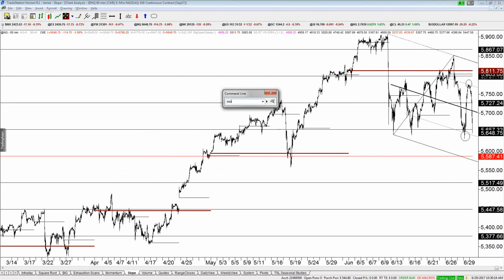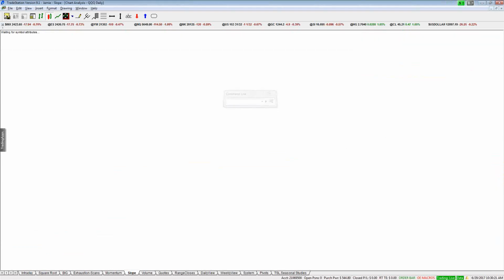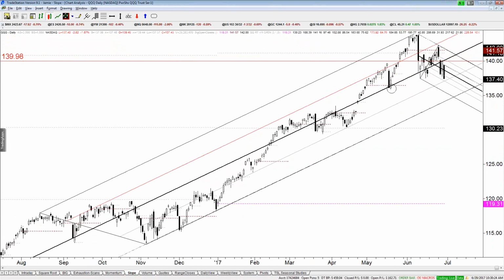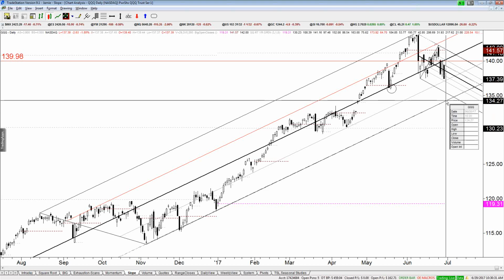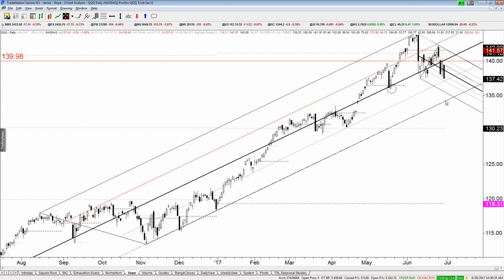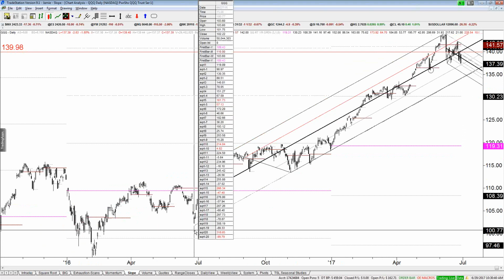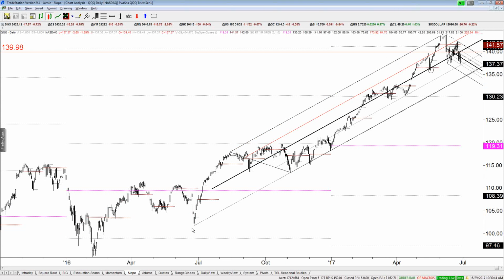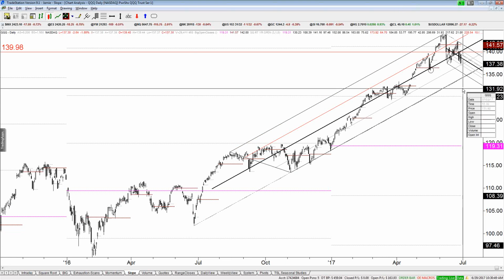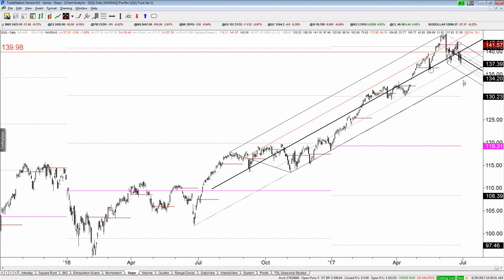If we look at the Qs, so that's the ETF on the NASDAQ, you can see it's the same thing, right? But just looking at it on a daily now, the big test for this is going to be down here on this trend line. This is a trend line back to the Brexit, actually. Right here is Brexit. And yeah, there's your trend line, and that would take you down to 134 or so.